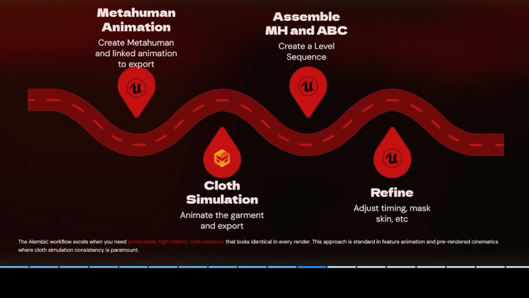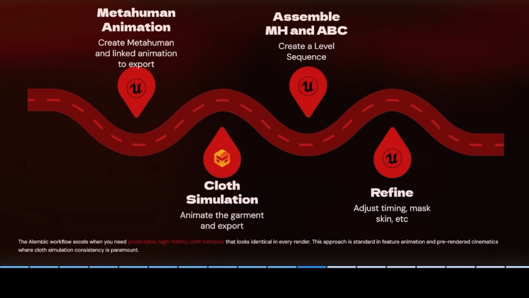1. First, we start by animating our metahuman right inside Sequencer in Unreal Engine. 2. Once the animation is ready, we export the MetaHuman's animation to Marvelous Designer. 3. In Marvelous, we then create a cloth simulation that matches that exact movement. So the garment is animated directly in Marvelous Designer, not in Unreal. 4.